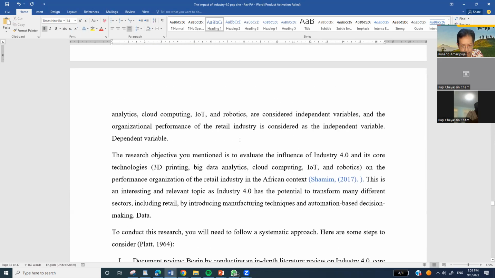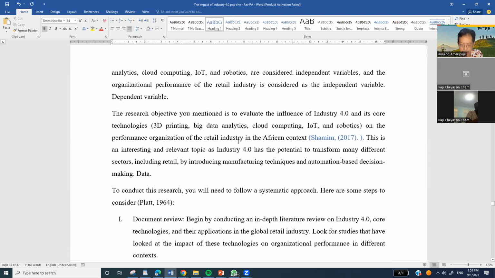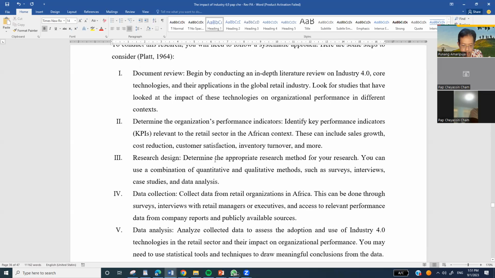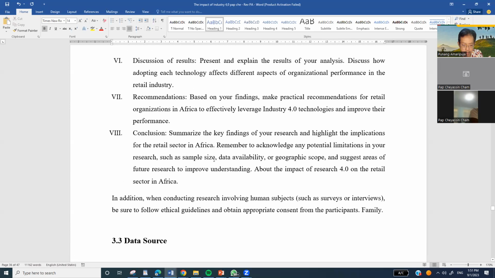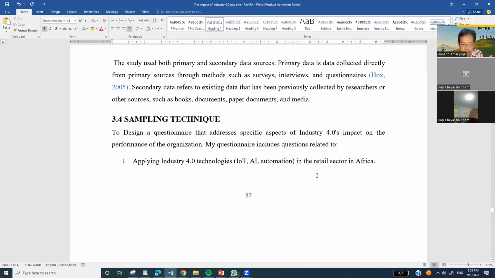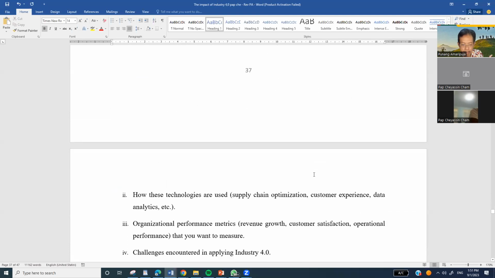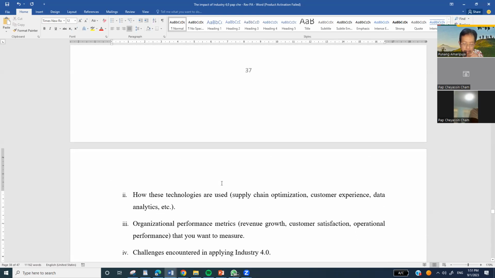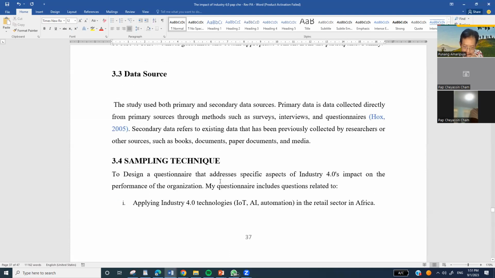So the objective you have already mentioned on top, so no need to mention it again. And let's say systematic approach, document review, performance in the research, and data analysis, discussion, data source, primary data, interviews, questionnaires, surveys, sampling, purposive sampling. Okay, sampling technique.